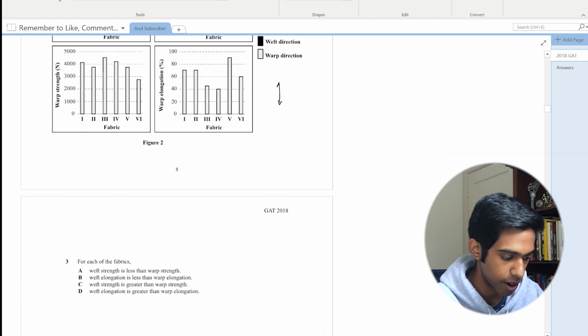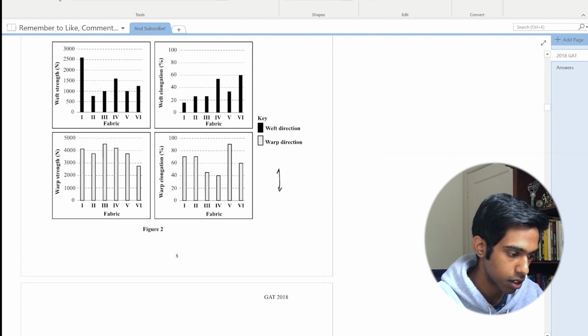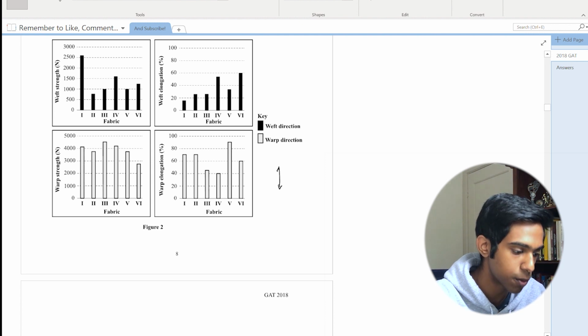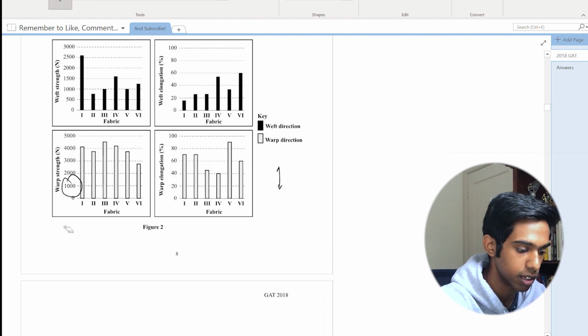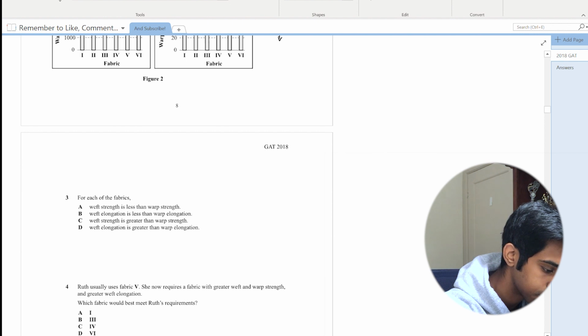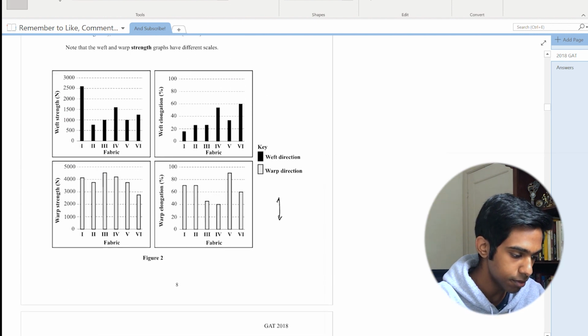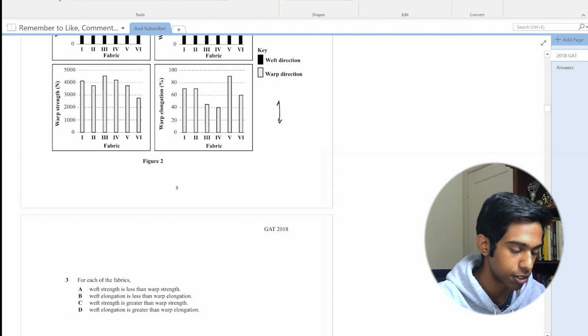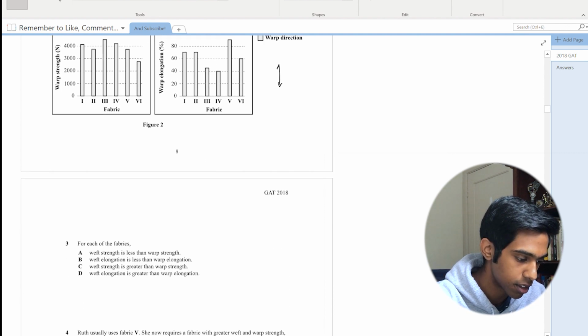Weft strength is greater than warp strength. This one would be true, and it's pretty tricky because they've changed the scales as well in both of these. So this one would be C, I think. Actually, no, this one would be A because they've changed the scales.